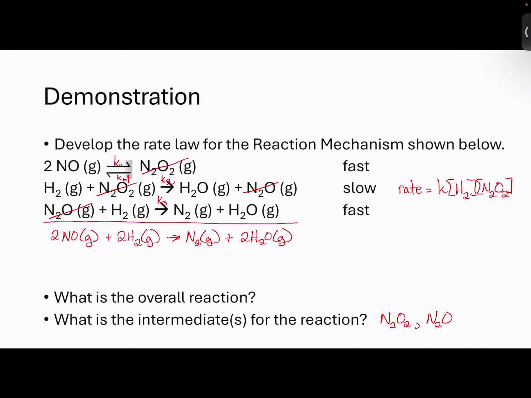But our predicted rate law cannot contain intermediates.